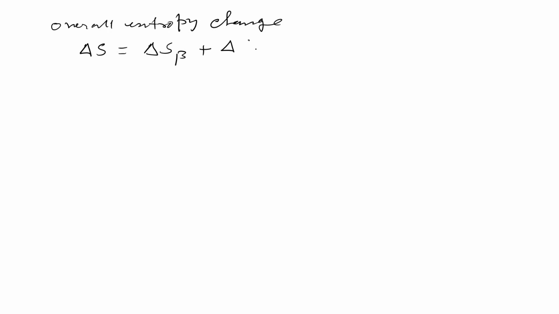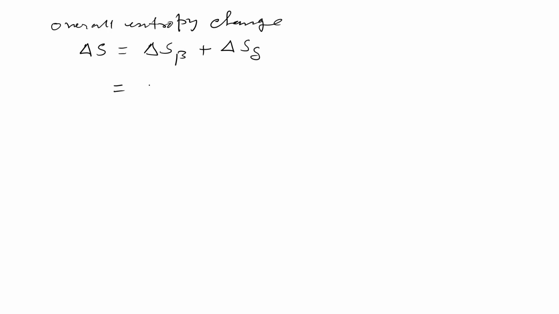So now if I write the overall entropy change, overall, not the infinitesimal or small change, delta S will be equal to delta S of beta phase plus delta S of delta phase.